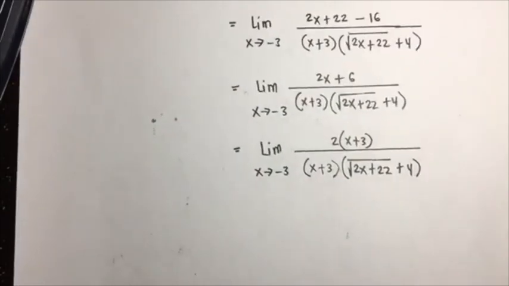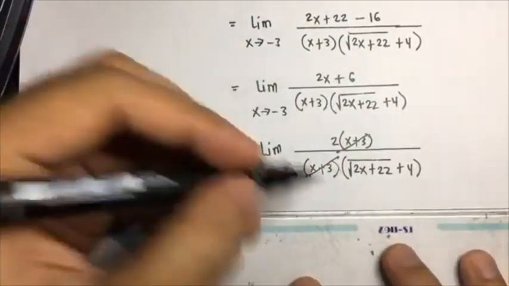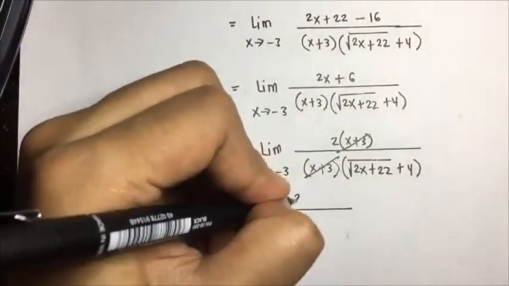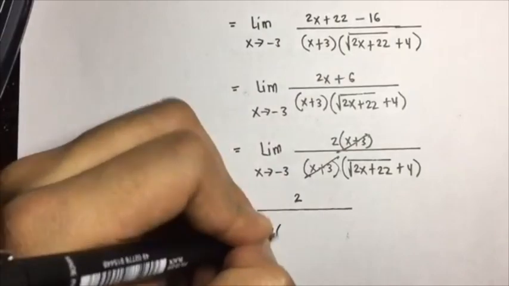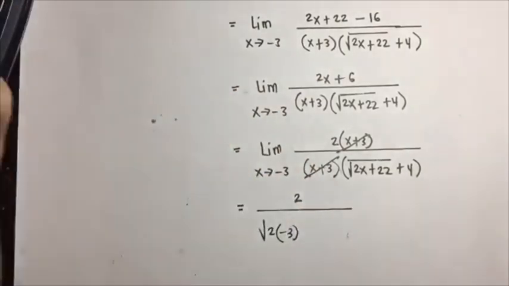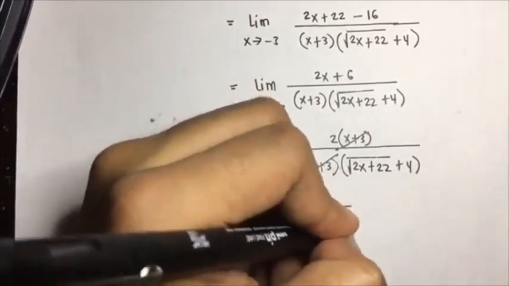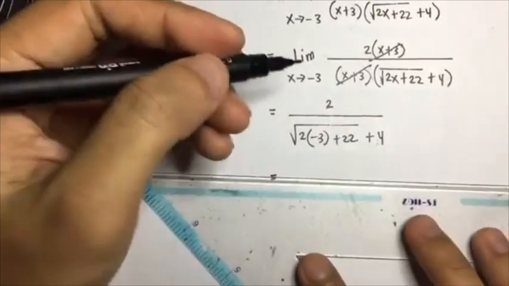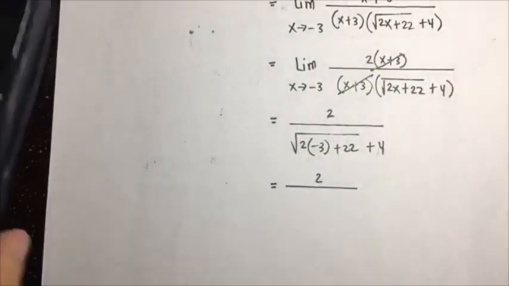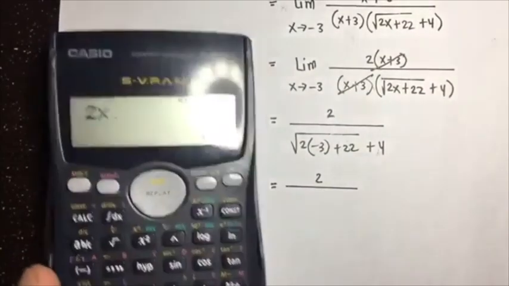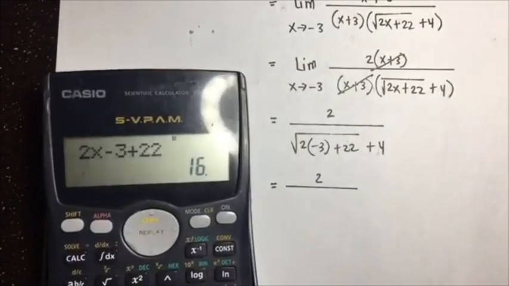With that, we can cancel out x plus 3, and evaluating the limit, it becomes 2 over the square root of 2 times negative 3 plus 22, plus 4. 2 times negative 3 plus 22 is 16.